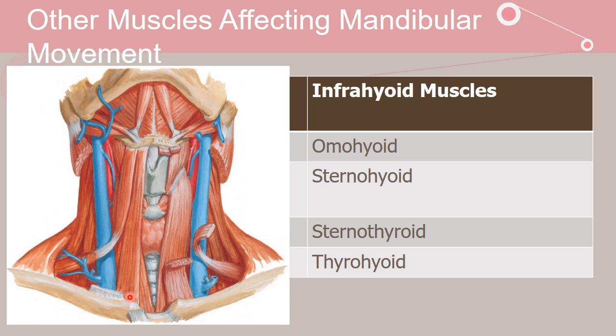So you also have four infrahyoid muscles: the omohyoid muscle, the sternohyoid muscle, the sternothyroid muscle here. You can see the sternothyroid better when the sternohyoid and omohyoid are cut. And lastly, the thyrohyoid muscle here.